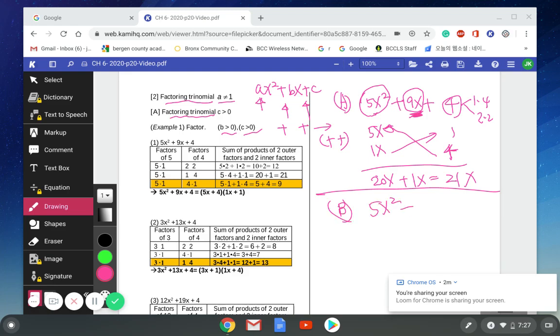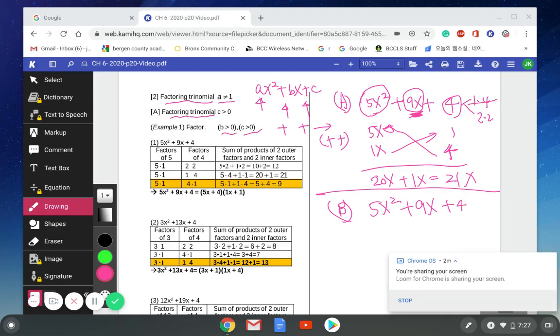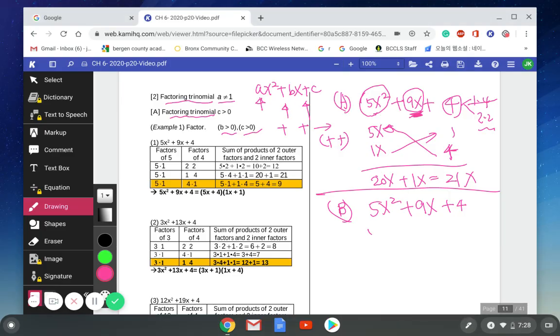5x squared plus 9x plus 4, but 1 and 4 didn't work out. So now we're going to use the 2 and 2. So again, 5x with the 1x, 2 and 2.